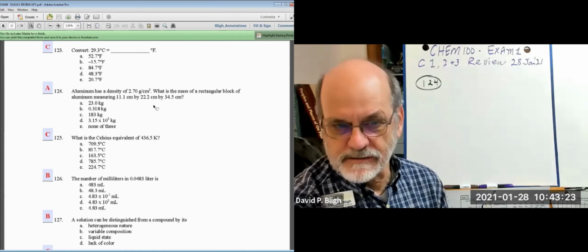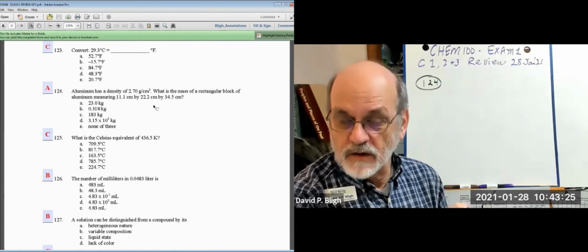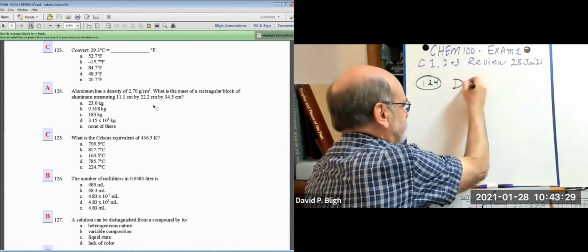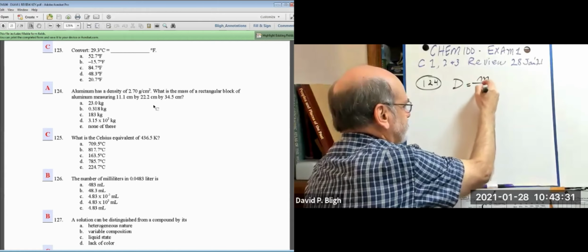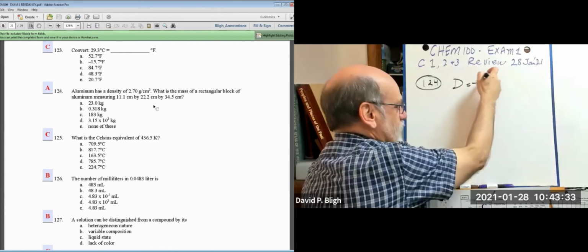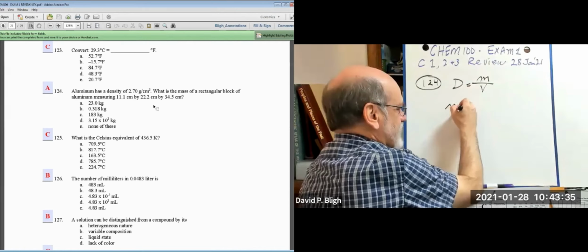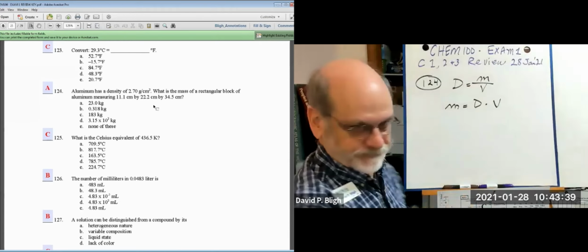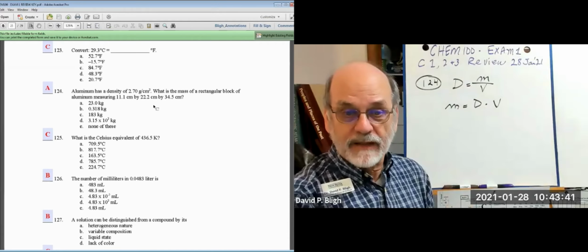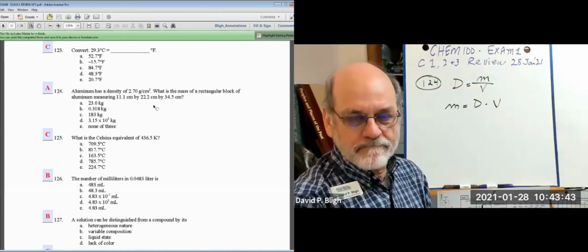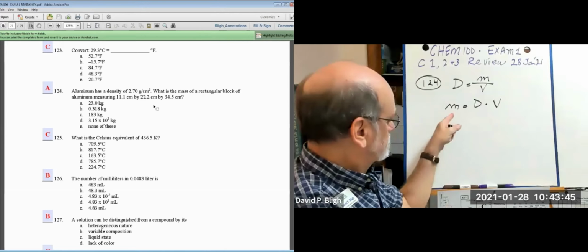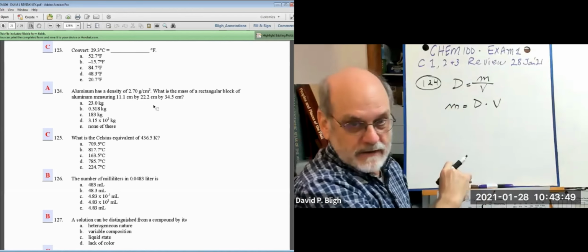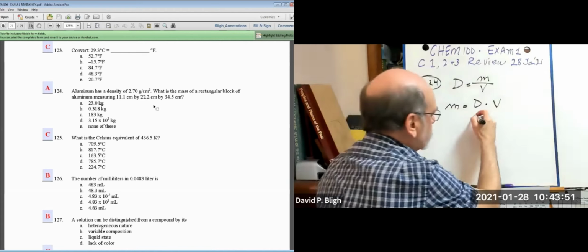What's the mass? We have density. We can calculate volume. So mass is equal to density times volume. We have volume and we have density. 2.70 grams per cubic centimeter.